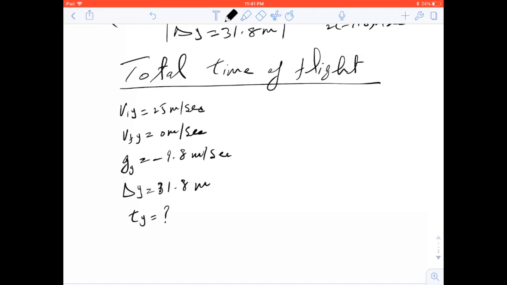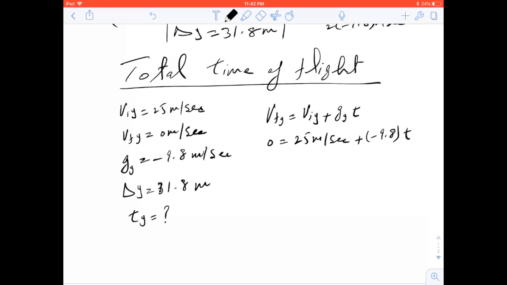For this purpose, we will use the equation Vfy equals Viy plus gyt. The final velocity of the y component is 0, the initial velocity of the y component is 25 meters per second, and the acceleration due to gravity is 9.8.